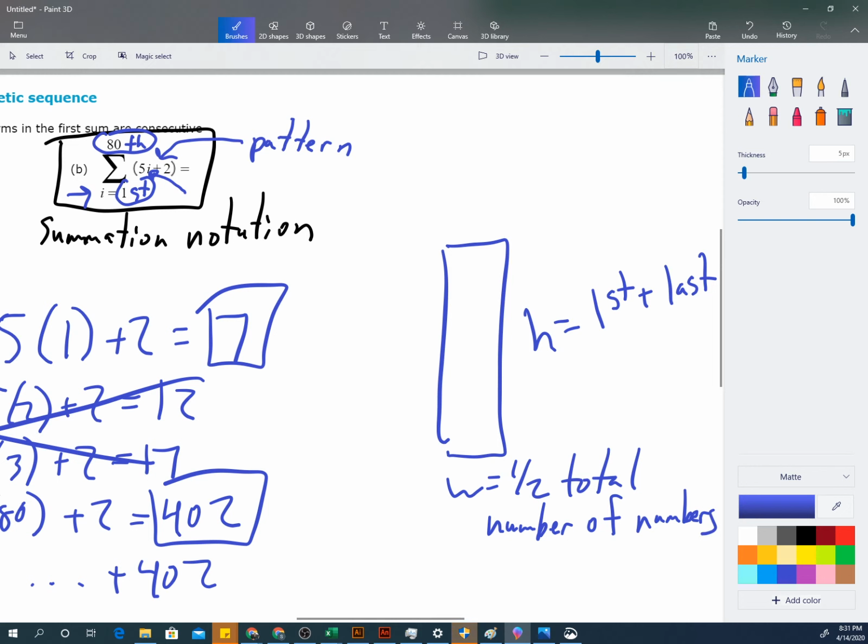I can see here that my first plus my last term will be that 7 plus the 402, which is going to equal 409. And my total number of numbers, I went from 1 to an 80th term. That's going to be half of 80. Or in other words, 40.